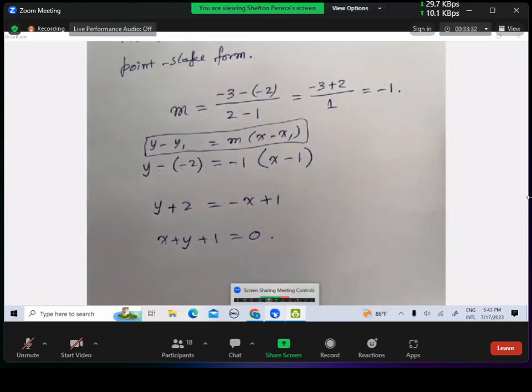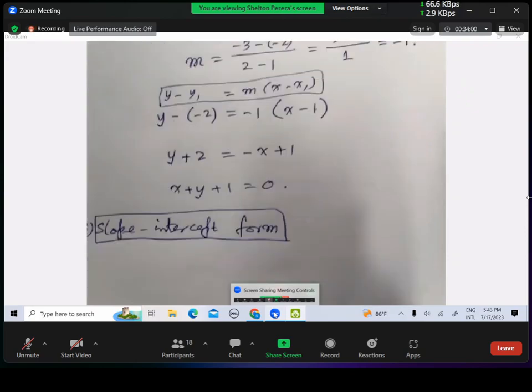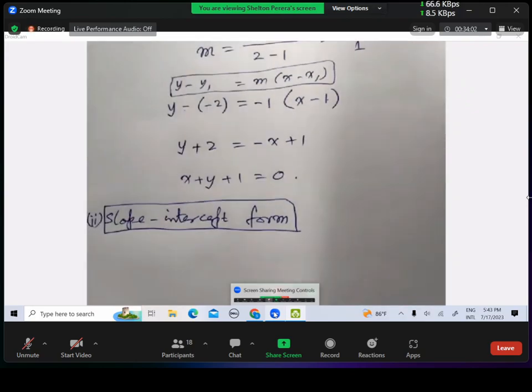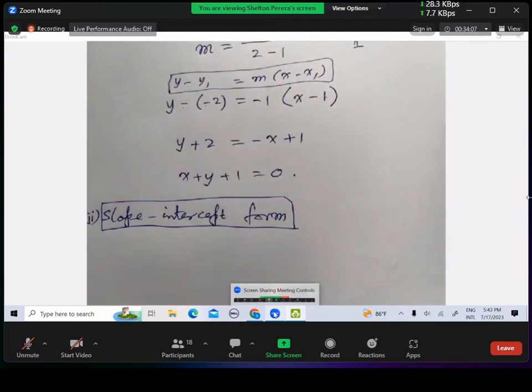Okay. Then we go to slope intercept form. That is the second form, after the point slope form.